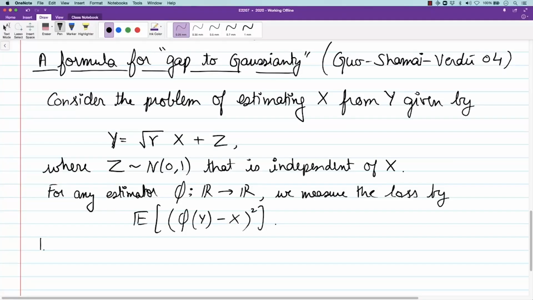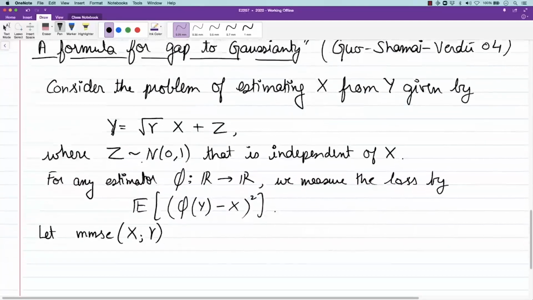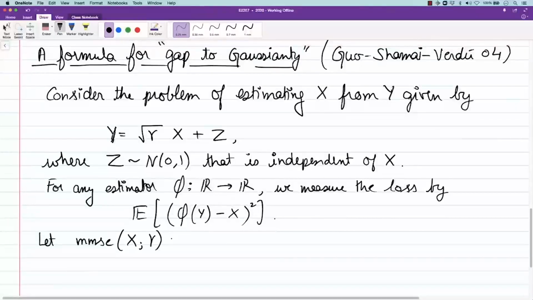Okay, let MMSE be the minimum mean square error for x when this strength here is gamma. This gamma denotes the signal to noise ratio because the noise variance is 1 and the signal variance is gamma. We can assume x is 0 mean. So this minimum mean square error is defined as the minimum over all phi of this quantity.